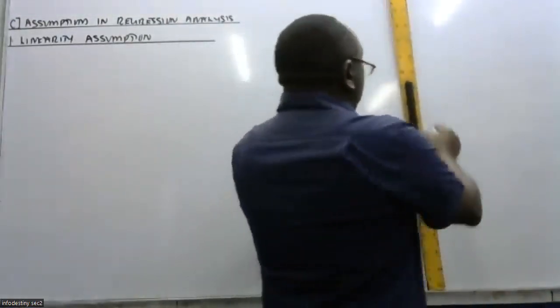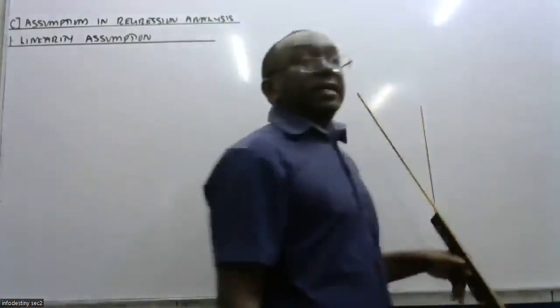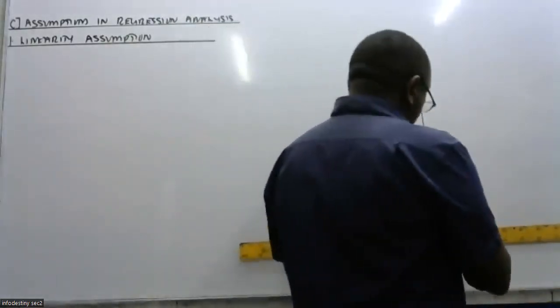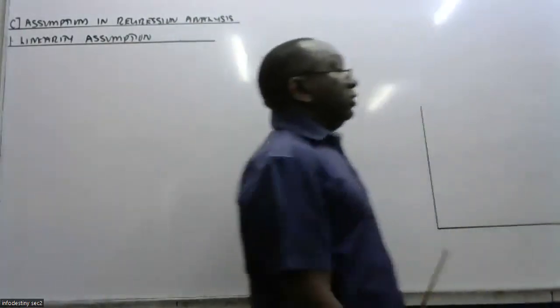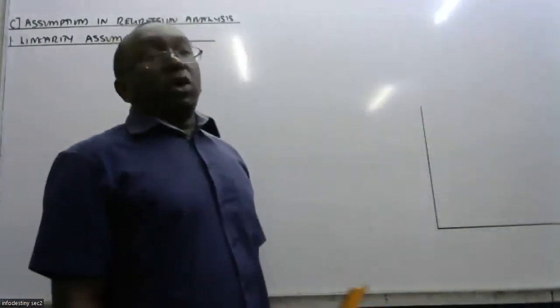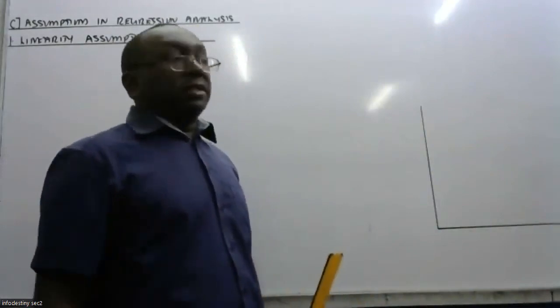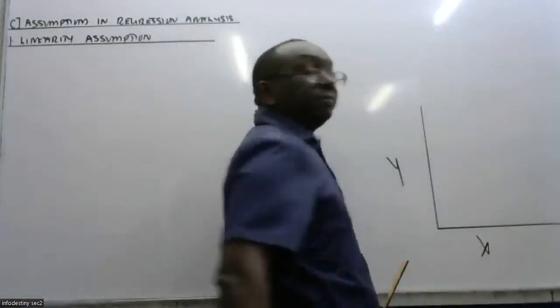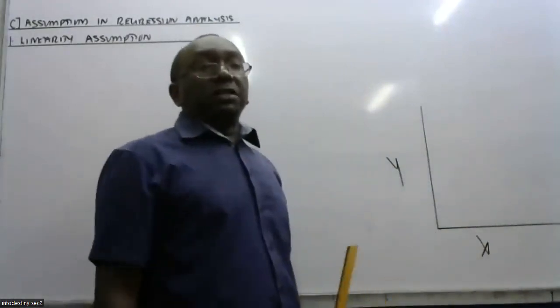There are usually 2 ways in which you can test this one. As I've said, these things are already written in the notes; I will be telling you what to write. If you want to know whether the relationship is linear, you have the values of Y and the values of X, so you simply plot.